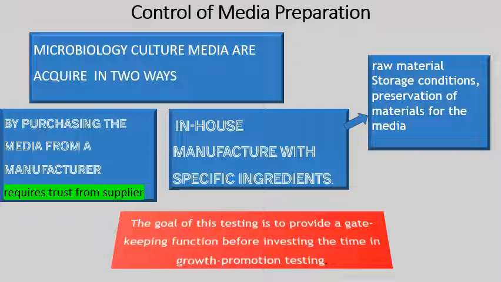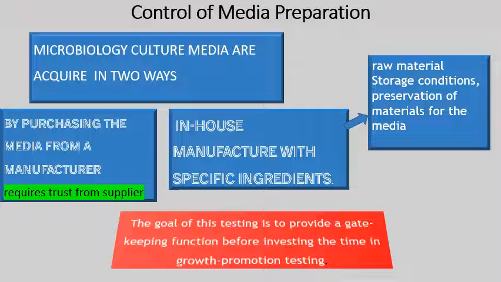The raw material must be adequate, must be specific, and must meet the standard or be suitable for the microorganism that we are targeting. Remember, when a media is being prepared, there's a microorganism that it is being prepared for.